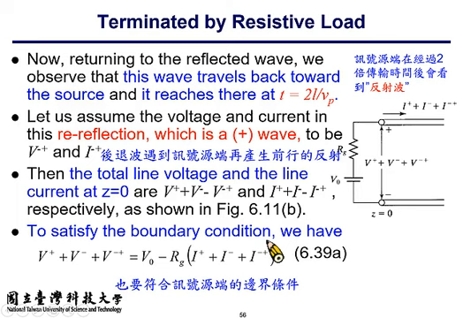All right? If RG equals Z sub 0, then the RG resistance will absorb all the incoming energy, and there will be no other reflected signal. All right. And how do we calculate the signals V minus plus and I minus plus?